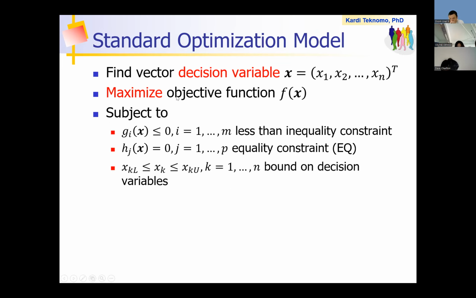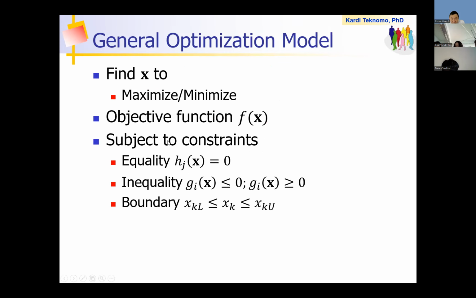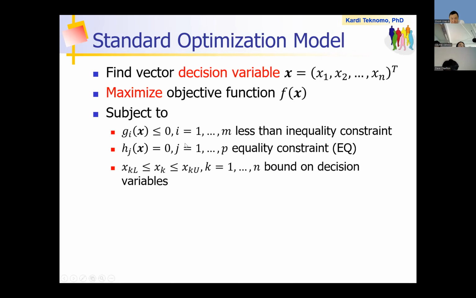Okay, the standard is to maximize. And then subject to constraint only less than or equal. Yeah? There is no larger than. So that means from this general optimization, you need to transform to the standard optimization model.